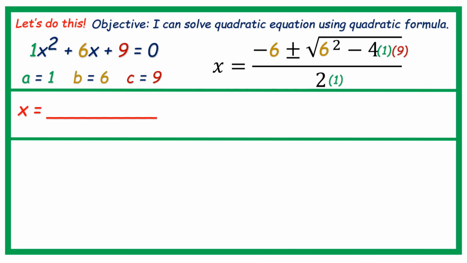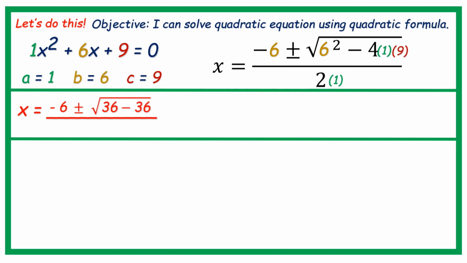Let's continue. So it will become x equals negative 6 plus or minus the square root of 36 minus 36. Mr. T, where did you get 36 minus 36?